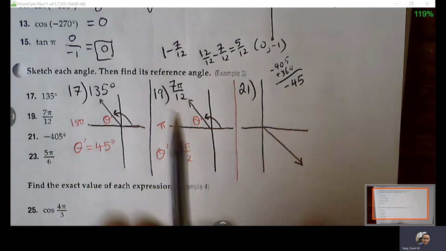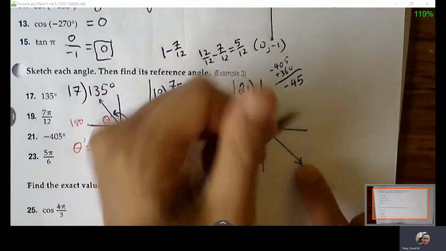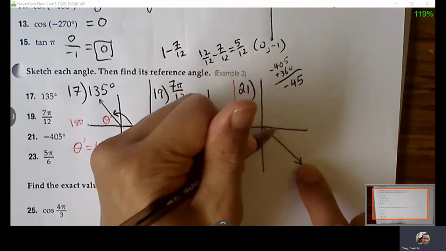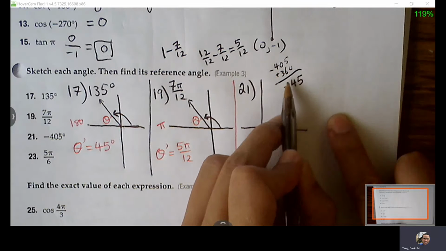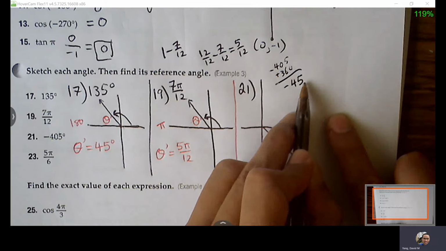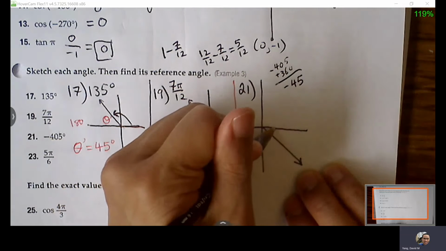So I want us to draw our pathway to negative 405. So we're going to go in the negative direction. We're going to start on our initial side. We're going to have to go a full 360 and then a little bit more, 45 degrees as well. So we'll go a full 360.